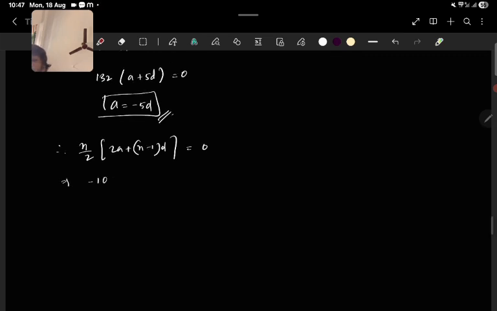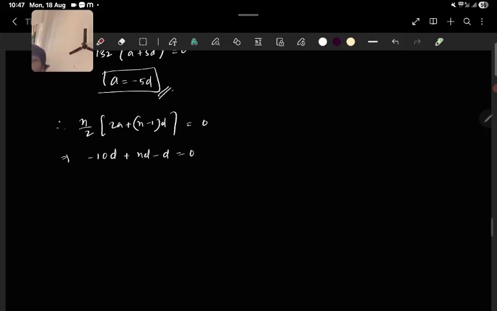So minus 10d plus nd minus d is equal to 0. Minus 11d plus nd is 0, so 11d is equal to nd. So n is equal to 11 is the answer. This is how you have to solve the questions.